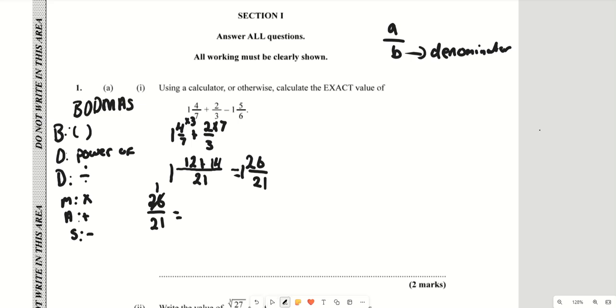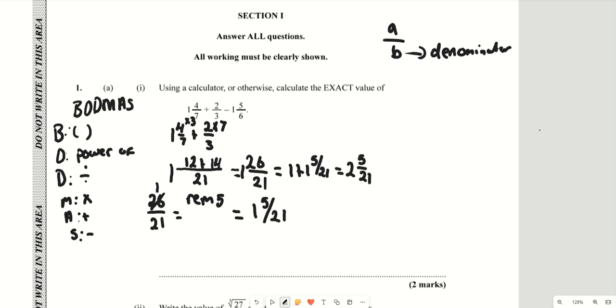So my remainder would be 5. My answer is now 1 and 5 over 21. The denominator stays as is. Your remainder is your numerator, and your whole number is how many times the denominator could go into the numerator. So this will now become 1 plus 1 and 5 over 21, which is simply adding the whole numbers, giving 2 and 5 over 21.